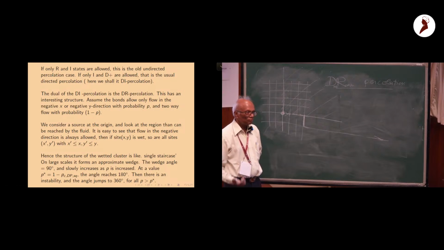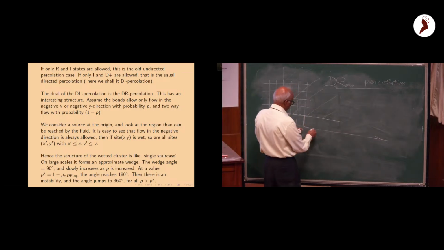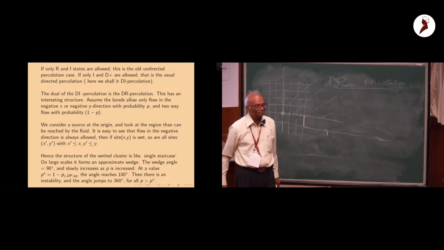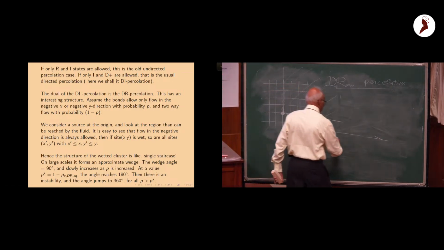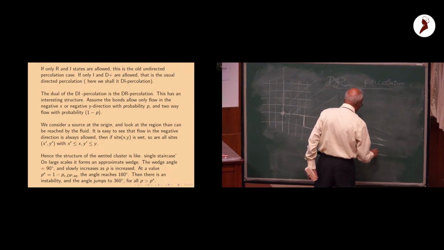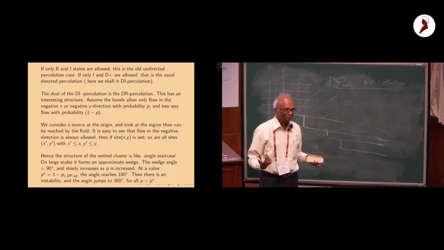You can always go to the right, whether it is a diode or resistor. Okay, but you cannot always go to the left. So this will be wetted, but maybe you cannot go here. But if you keep on going here, at some point there might be another resistor downward. Then you go along that and everything will be wetted. And anyway, if a site is wet, then it wets everything in the forward quadrant.